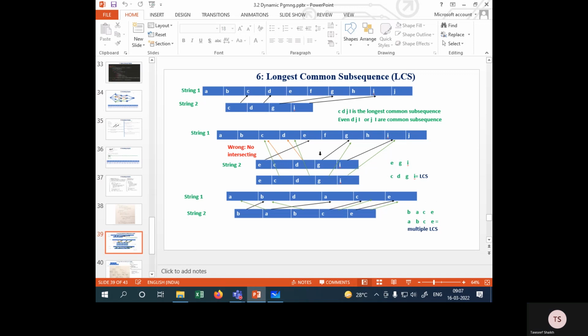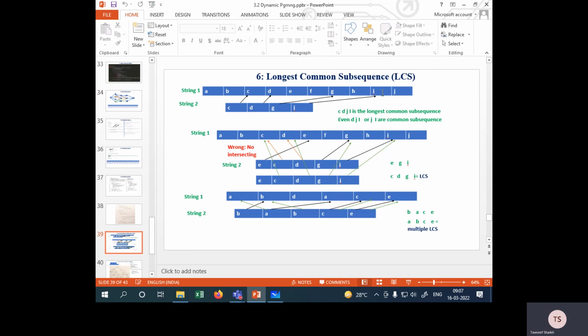So this will definitely become substring because it is a subset of the original big one. If you see, C is here, C is here, D is here, D is here, G is here, G is here, I is here, I is here.